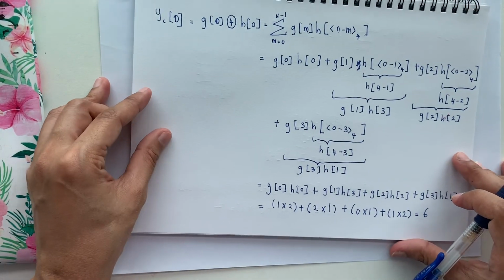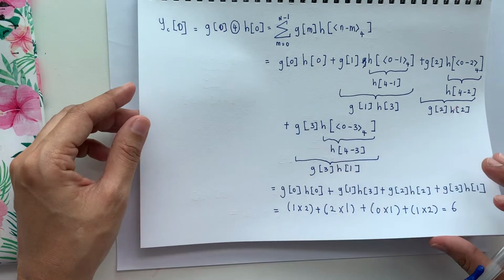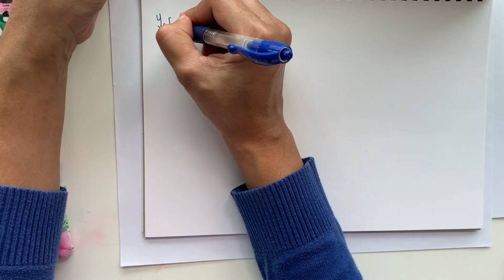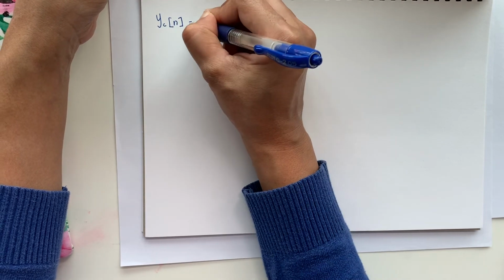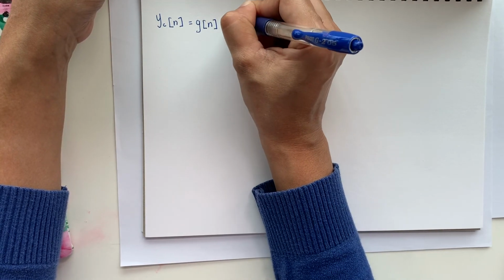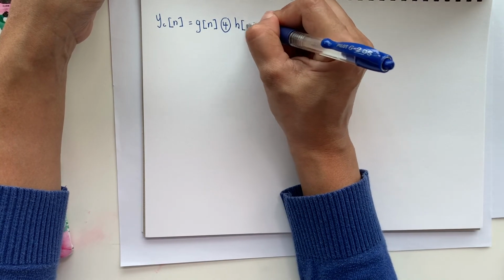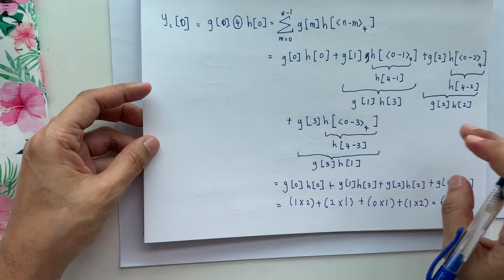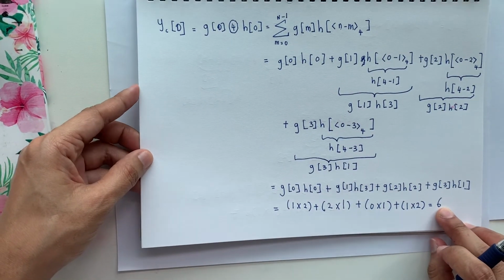YCN for the given Gn and Hn is YCN of Gn circular convolution of Hn is equal to YC0, the value is 6.